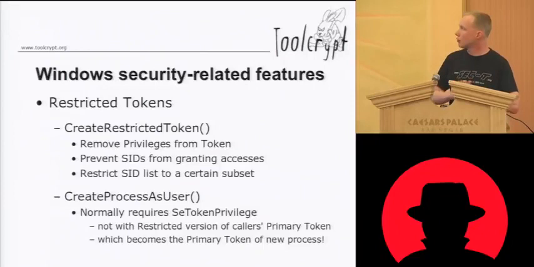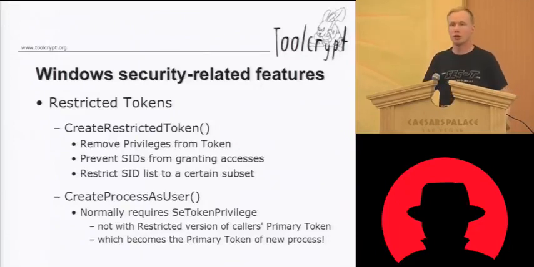So first of all, there's this lovely feature called a restricted token that's been in the Windows OS since the Windows 2000 release. And basically what you can do is remove certain privileges or remove certain SIDs from the list of users and groups within a certain token.